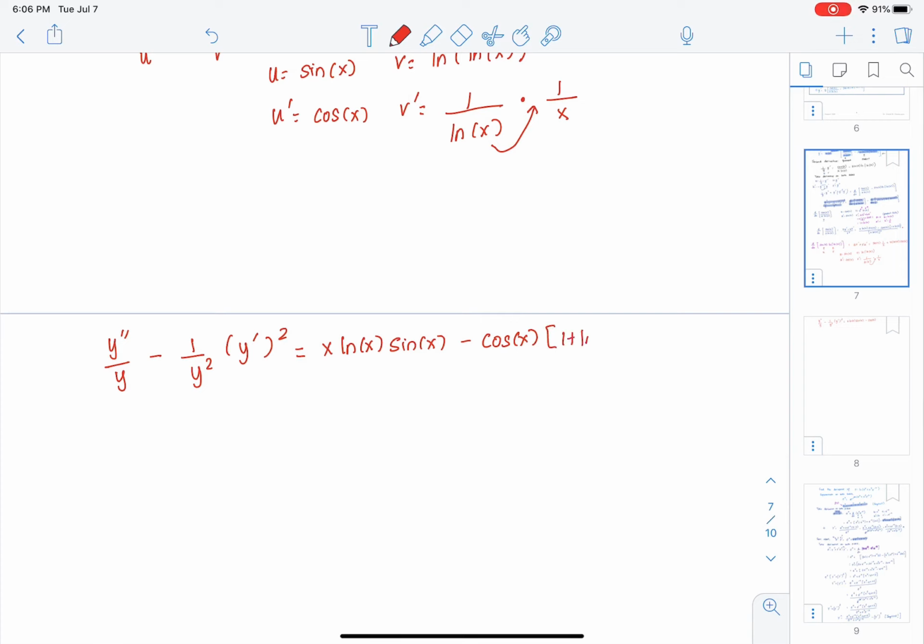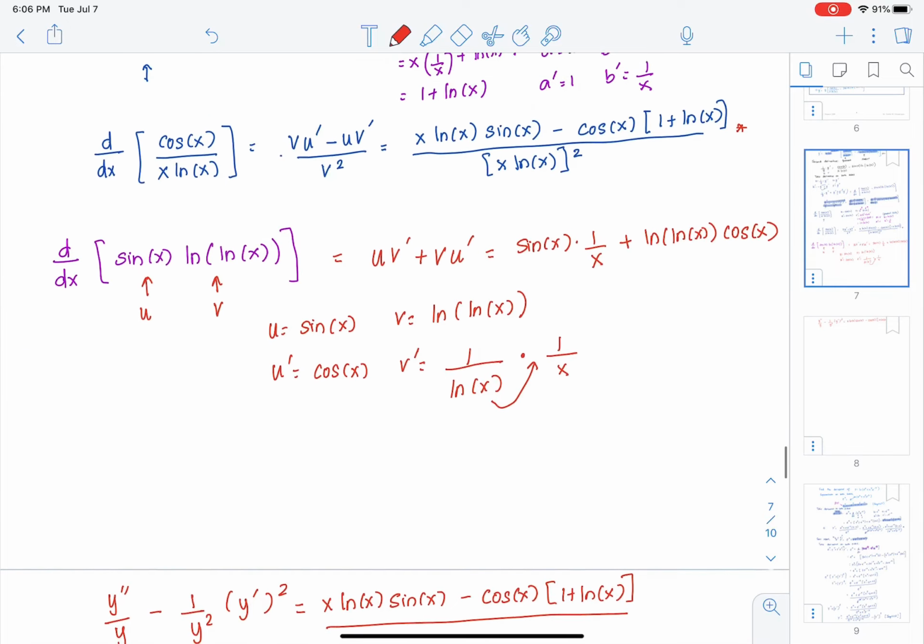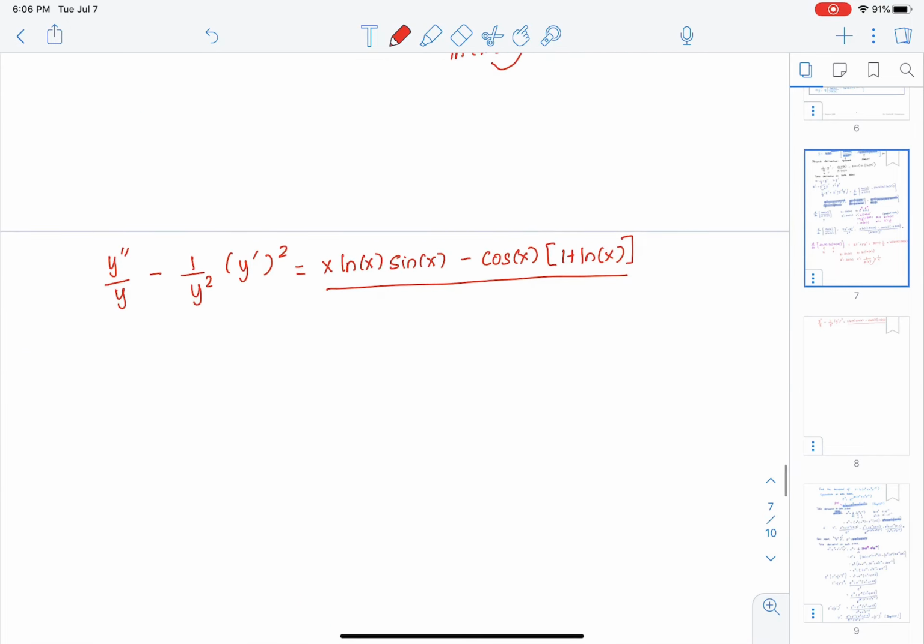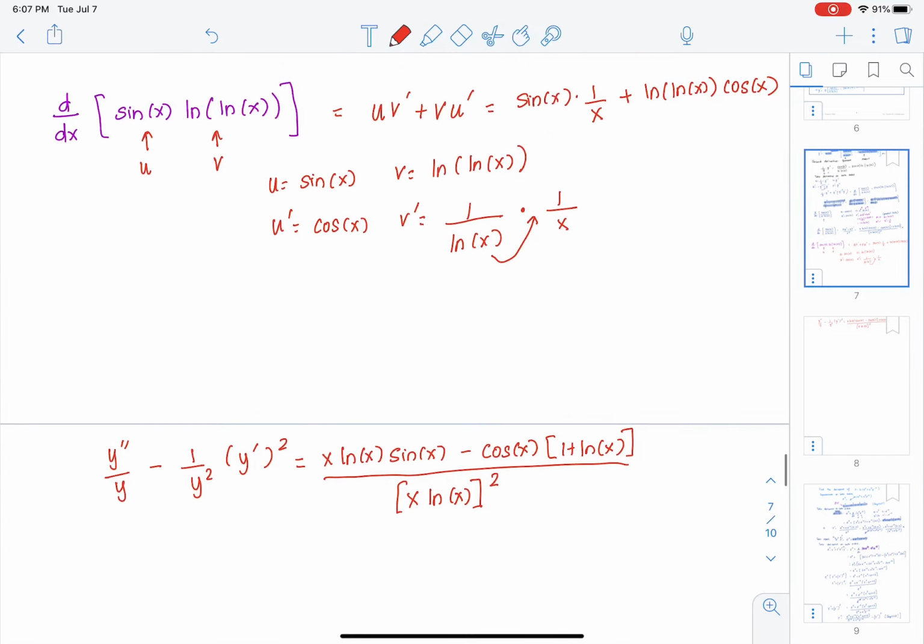You probably would not have a problem like this on the exam, but this is a problem for a good amount of practice. If we patiently understand, we could learn a whole lot of rules here. The quotient rule, product rule, chain rule, everything comes into play.